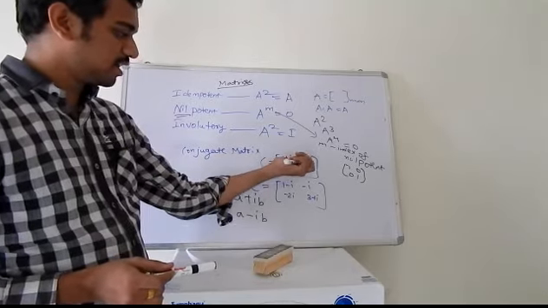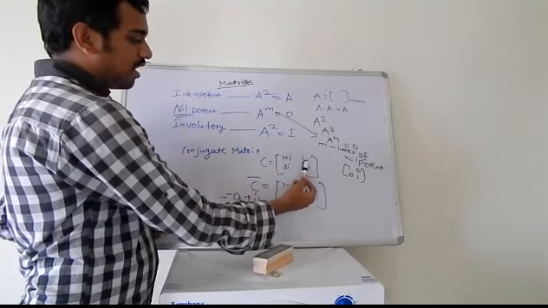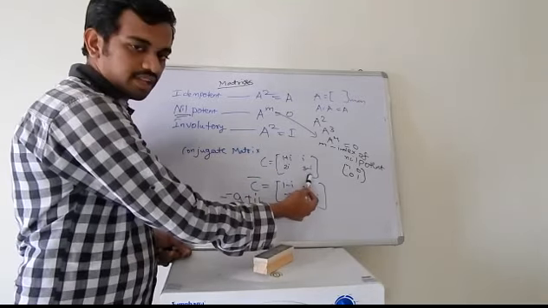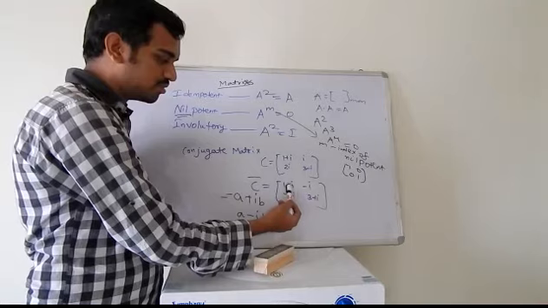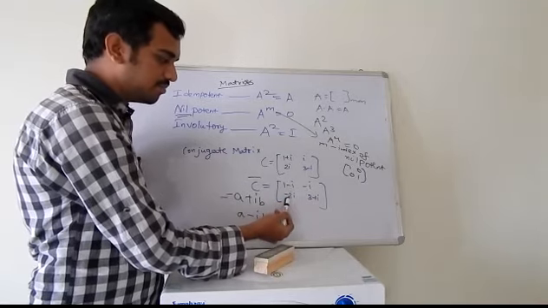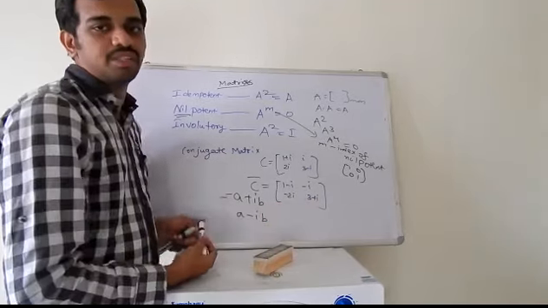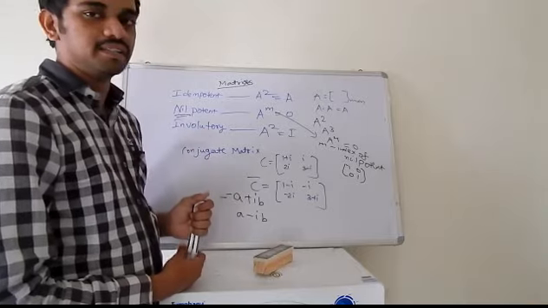See here, 1 plus i, 2i, 3 minus i. If you take the complex conjugate, it is 1 minus i, minus 2i, 3 plus i. This is the complex conjugate matrix.